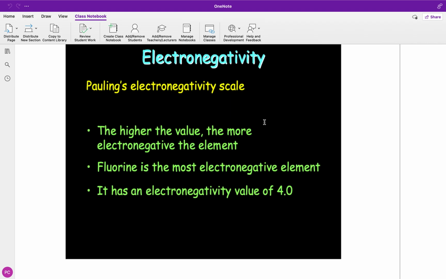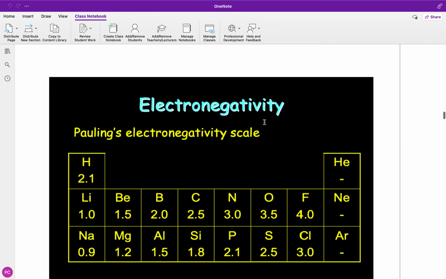The higher the value, the more electronegative the element. So fluorine is the most electronegative. And again, in your log tables, you have an electronegativity table for all the elements. So fluorine is extremely electronegative. It has a value of 4.